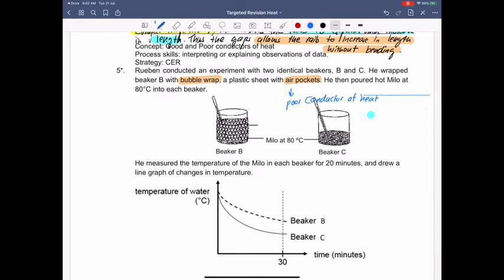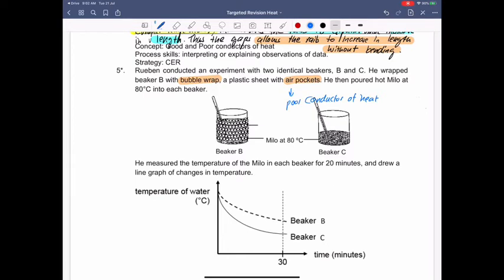So this question is probably talking about conductors of heat, and the process skill is that they want you to be able to interpret or explain the observation of data.